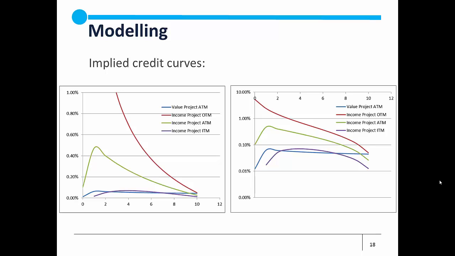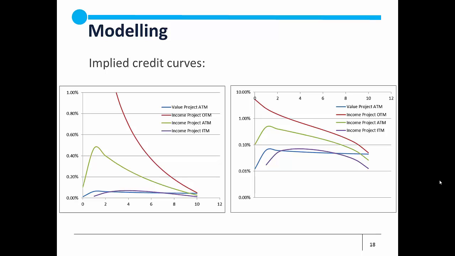If it's at the money or in the money, then typically it doesn't make sense for the equity holder to default immediately, which is why the credit curve starts low or at zero, but then at one point it does maximize. So at some point there's the maximum likelihood that the project will go out of money.